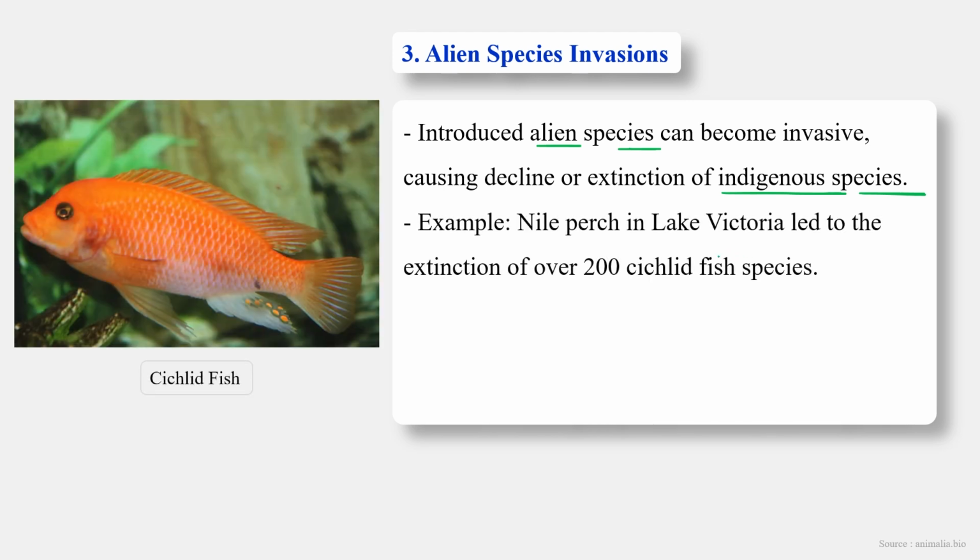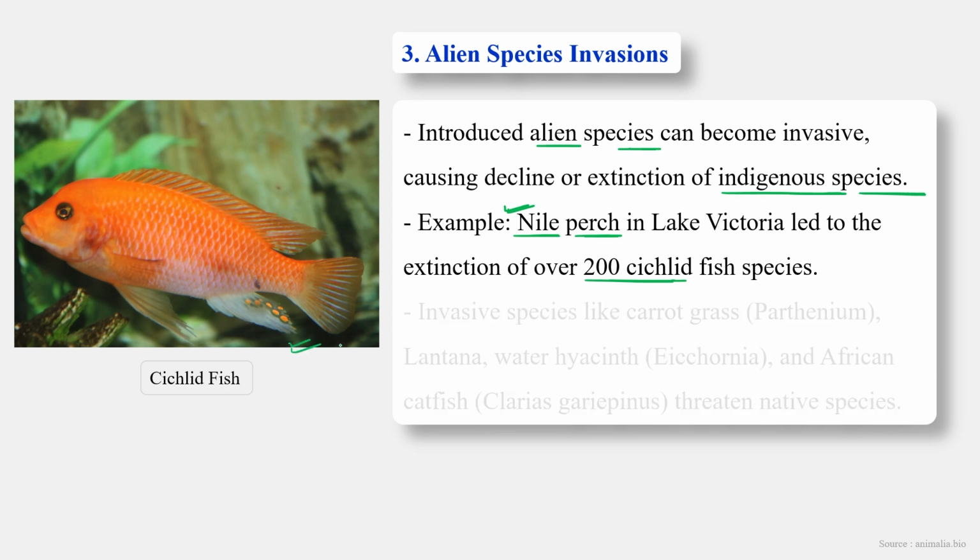Like the Nile perch in Lake Victoria, which led to the extinction of over 200 cichlid fishes. Because of this foreign invader or alien species, more than 200 cichlid fishes went extinct.